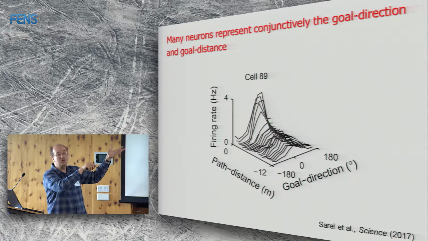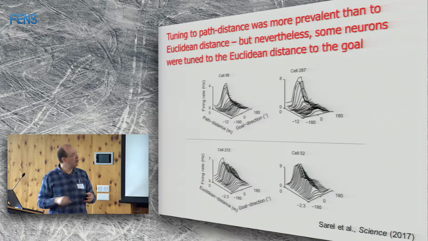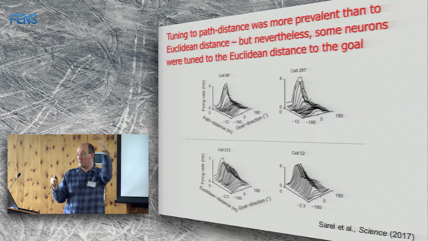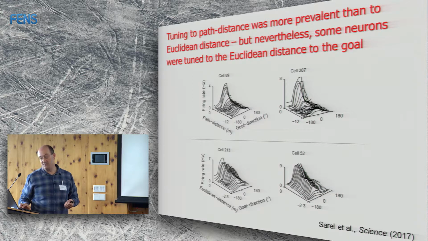So it's clearly representing conjunctively both the direction and the path distance to the goal. Now, most neurons were tuned more strongly to these path distance variables, along the path, but there were some neurons that were better tuned to the Euclidean distance to the goal. So really, the straight line direction, which would then be exactly vectors, right?